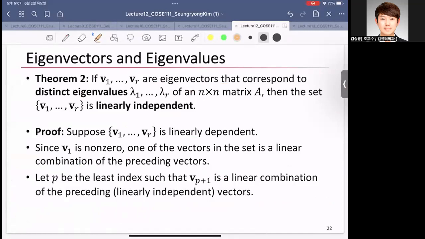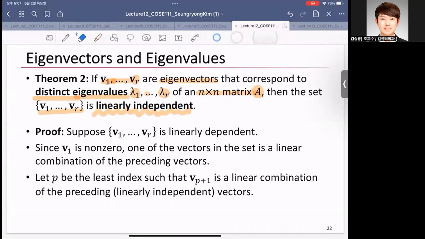Theorem 2 is like this. If v1, v2, ..., vr are eigenvectors that correspond to distinct eigenvalues lambda 1, lambda 2, ..., lambda r of an n by n matrix A, then the set {v1, v2, ..., vr} is linearly independent.